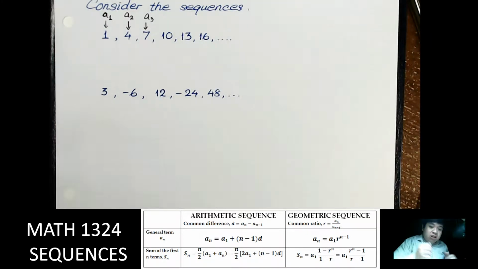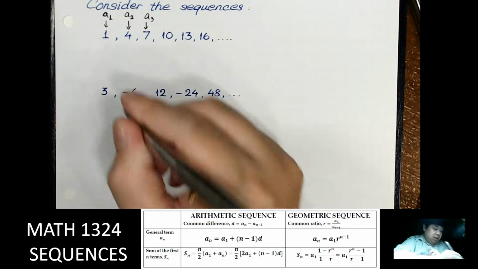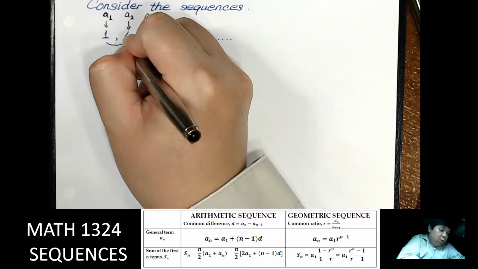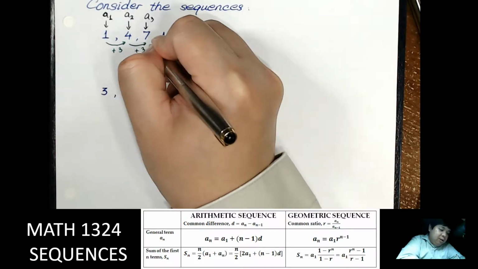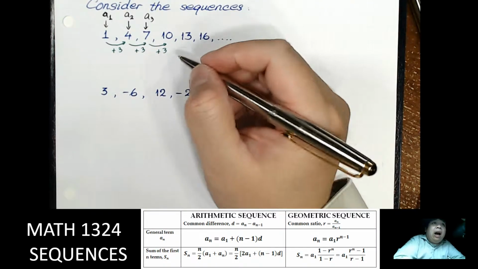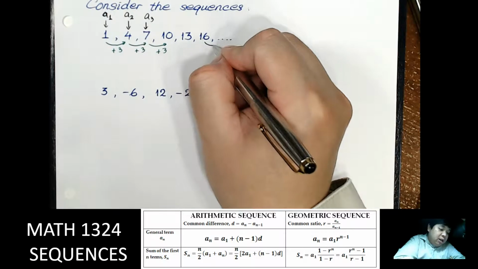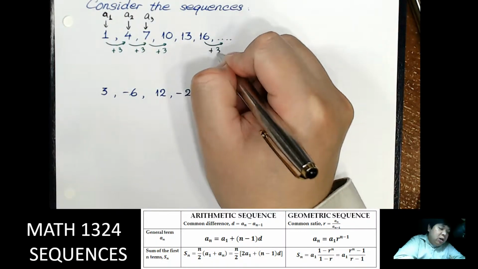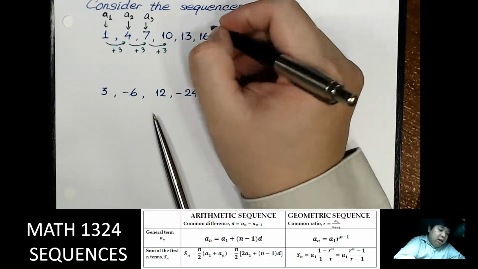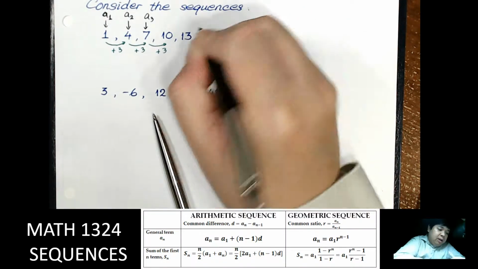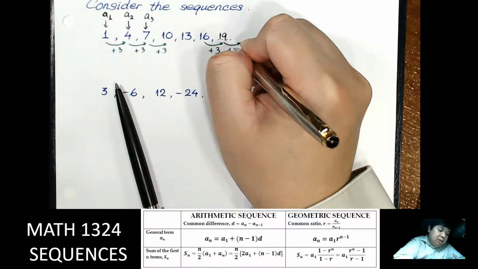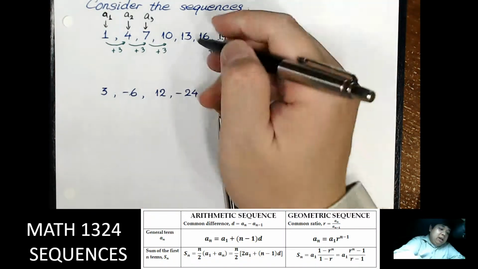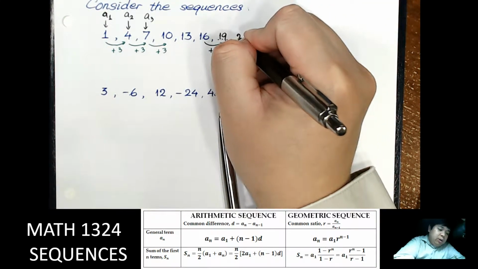So if I ask you what is the next number on the first sequence, maybe we see there's the pattern. That is, we're going to plus 3 every time. So if we have to find the next number, we're just going to add 3 to it. So the next number is going to be 19, and the next number is going to be 22.